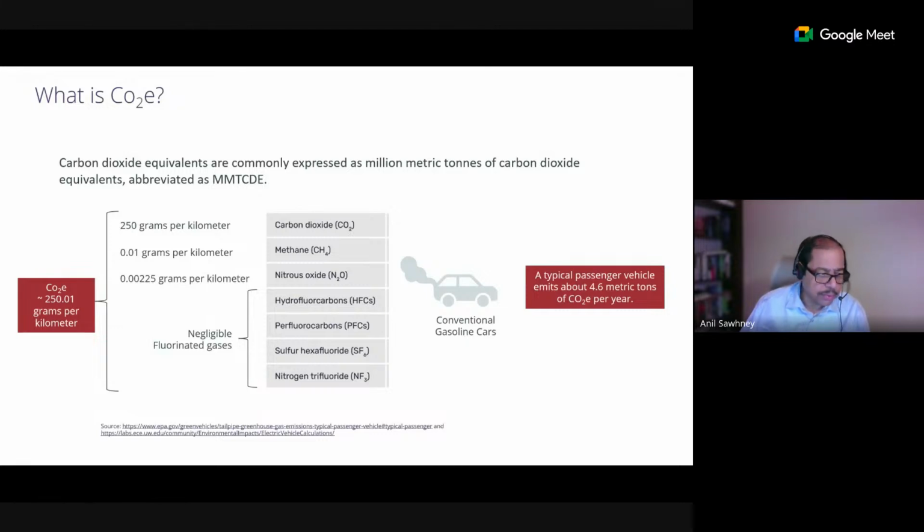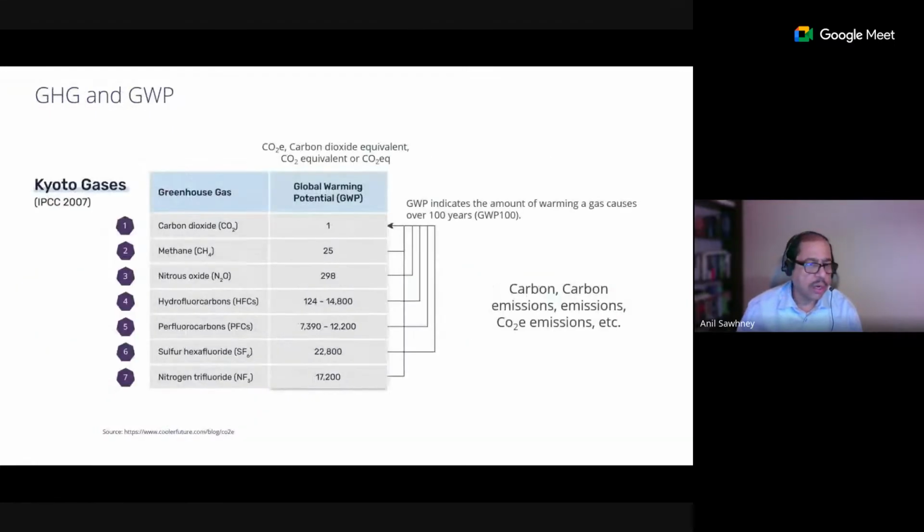All these calculations are shown on the US Environmental Protection Agency, EPA, website on this link. So the point I'm trying to make is our unit of measure is going to be carbon dioxide equivalent, but we loosely say carbon emissions, carbon dioxide emissions, but technically it means carbon dioxide equivalent, CO2e, which, as per these two slides, is how you calculate it.